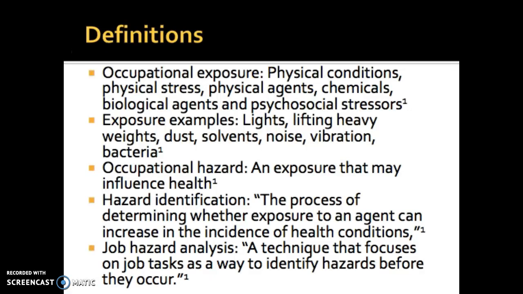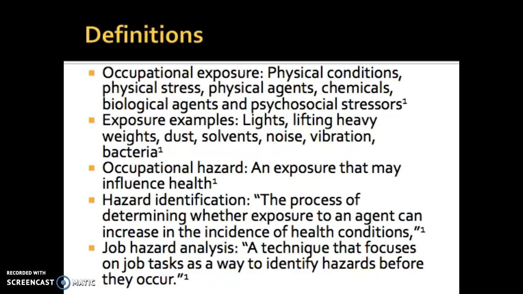With that being said, before we get started, I would like to go over a few simple definitions before I go over the identified hazards and the following recommendations to improve the working environment at the machine shop. So, occupational exposure is defined as the physical conditions, physical stress, physical agents, chemicals and biological agents, and psychosocial stressors.